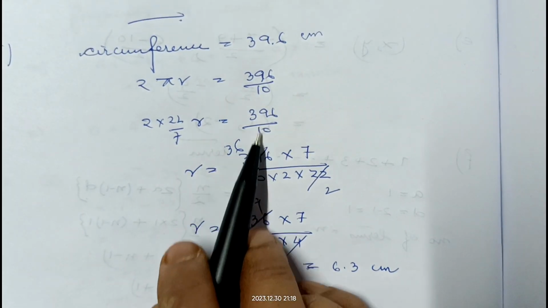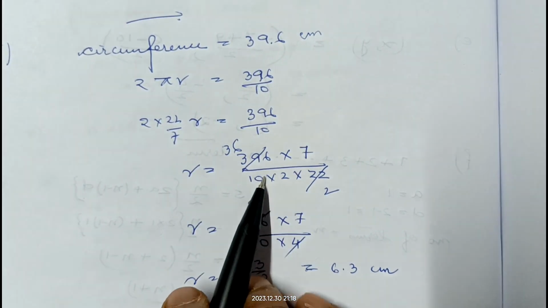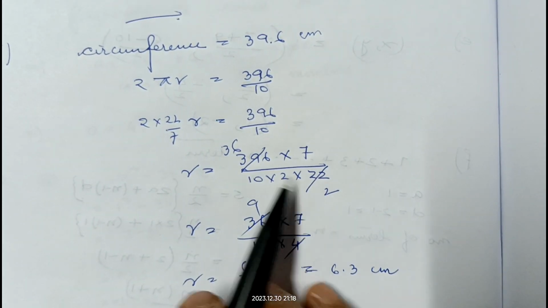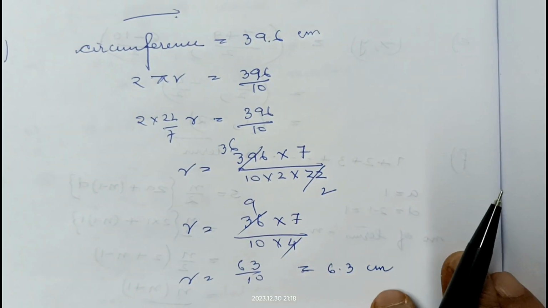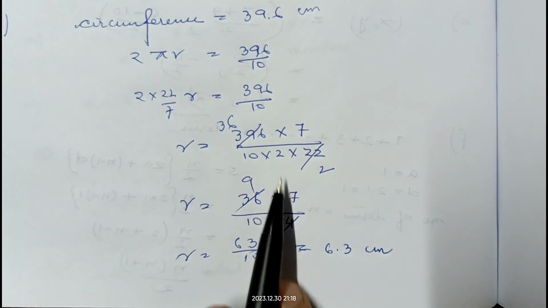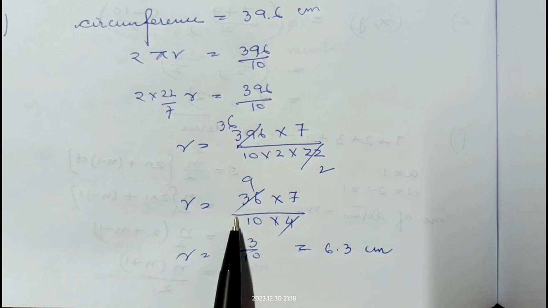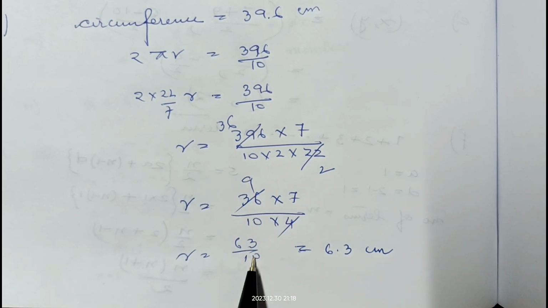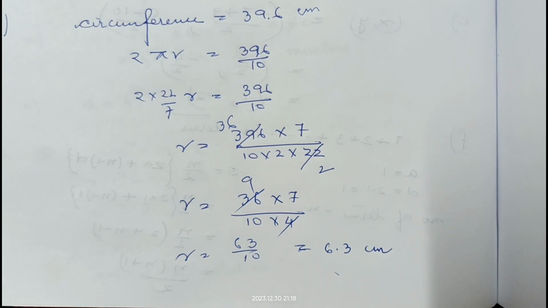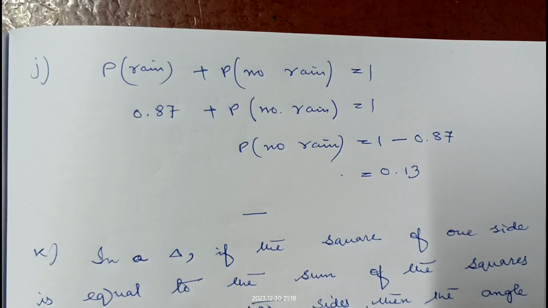So r will be 396 into 7 divided by 10 into 2 into 22. 11 2s are 22, 11 36s are 396. So in the next step it will be 36 into 7 by 10 into 2, 2 4s are 8, 4 9s are 36. So r will be 63 by 10, which will give 6.3. Therefore required radius is 6.3 centimeters.